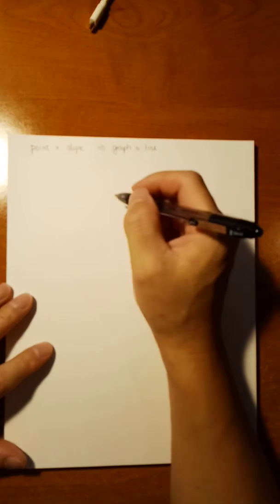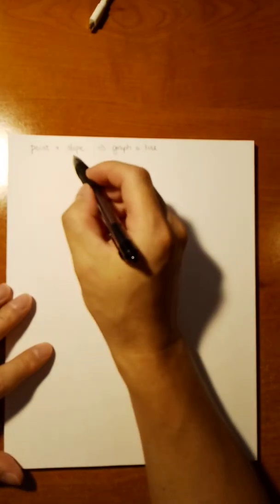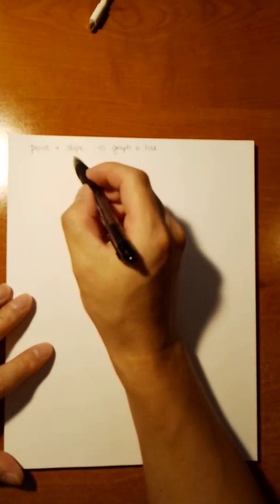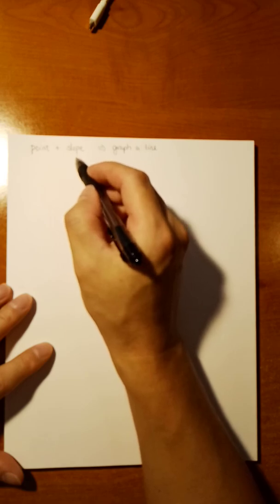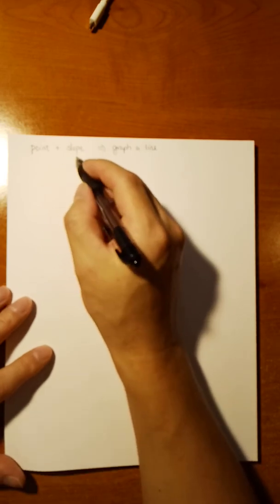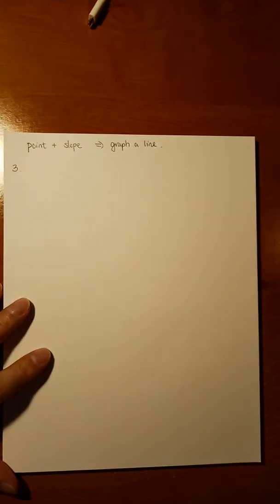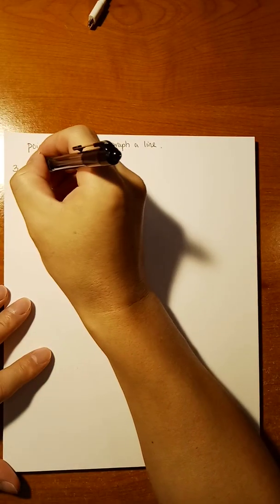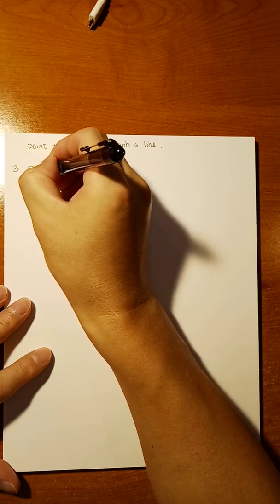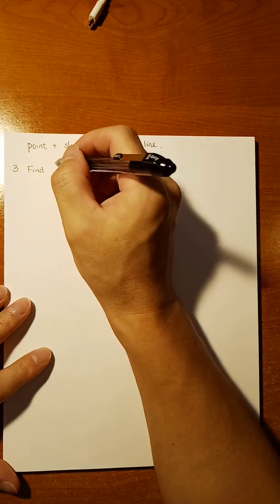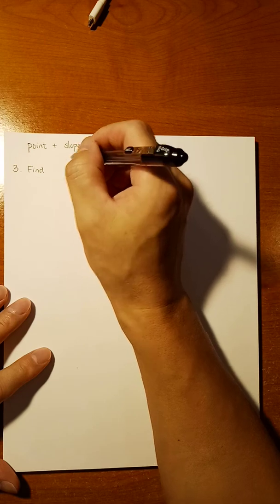And we know that not all lines have slope. So in the third section, we're going to find the equation of a vertical line, because a vertical line has no slope.